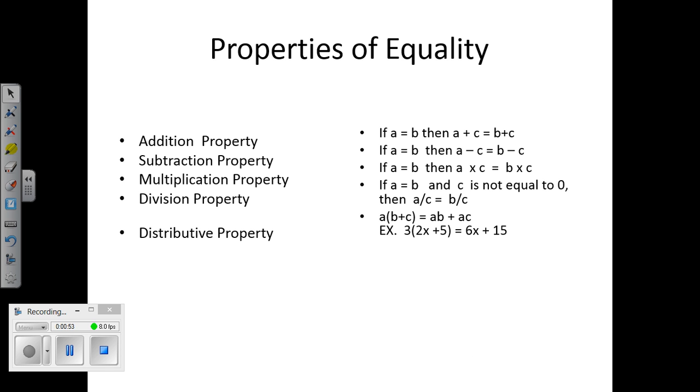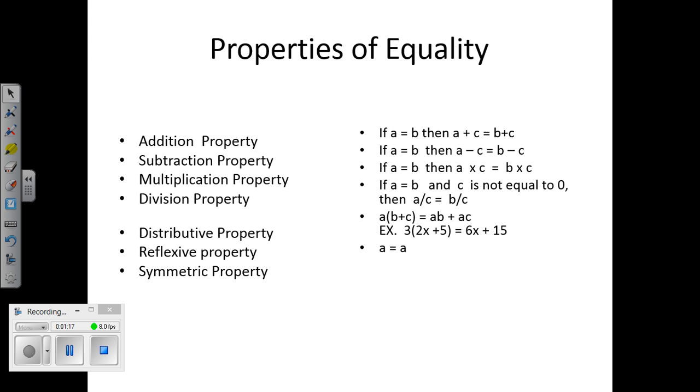The distributive property, which you should know well from algebra, as stated here, A times the quantity B plus C is AB plus AC. Example, 3 times the quantity 2x plus 5 is 3 times 2x, 6x, plus 3 times 5, 15. We have a reflexive property which says anything is equal to itself.